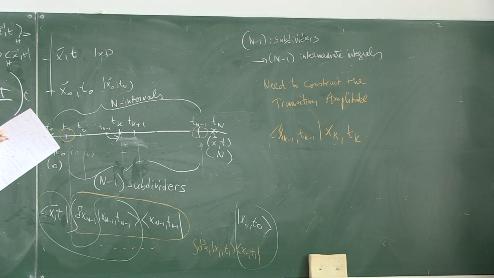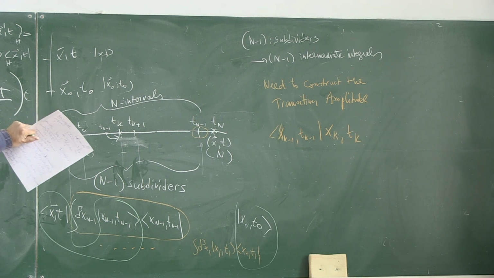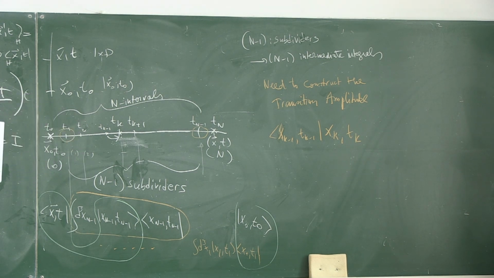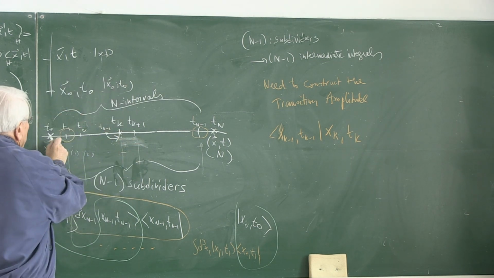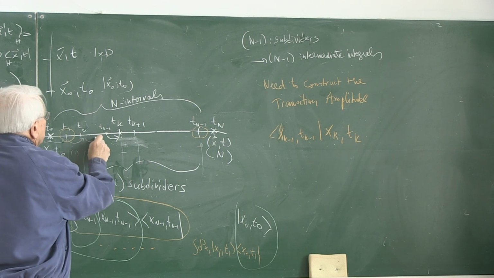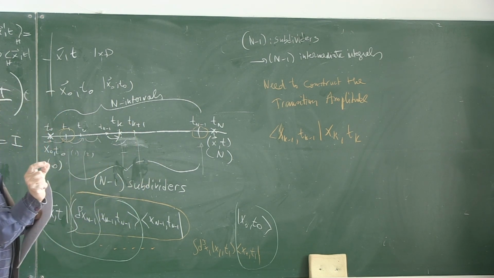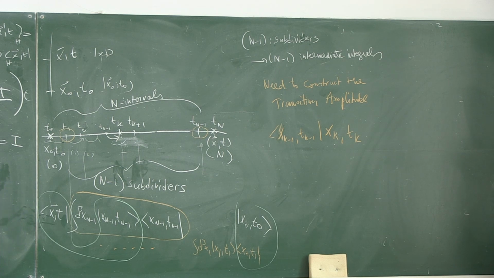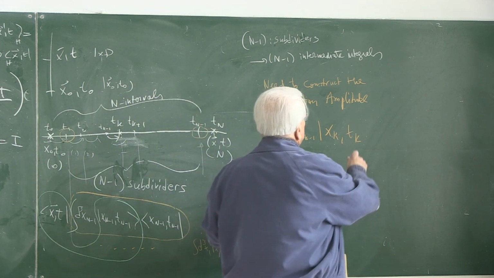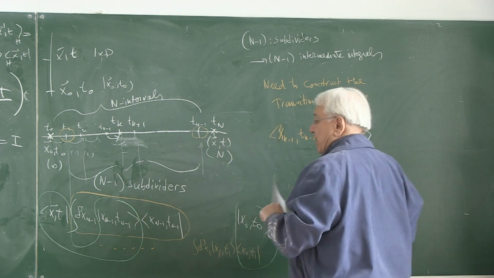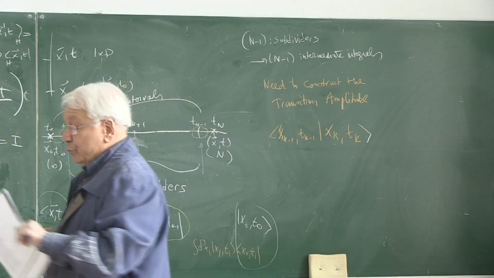It's the composition law: you can either directly go from the endpoint, from here to there, or you can go in as many steps as you like. And when you let the size of the intervals go to 0, you can go in infinitesimal sequential steps. You get the same result: single transition or many transitions, in principle infinite. So this is the generic expression which we have to construct, and then put together everything.